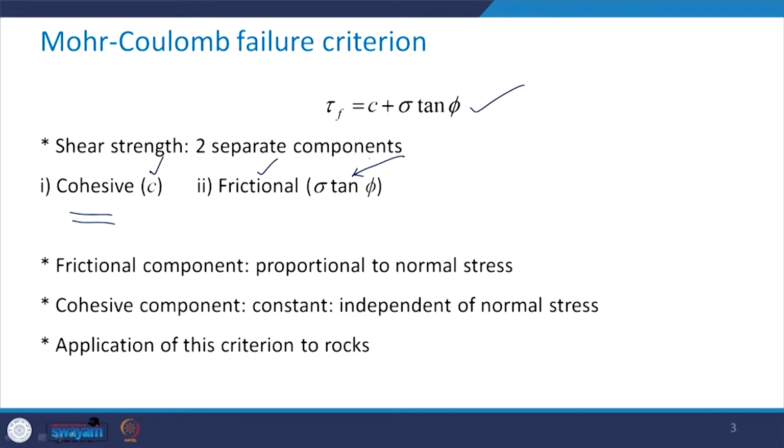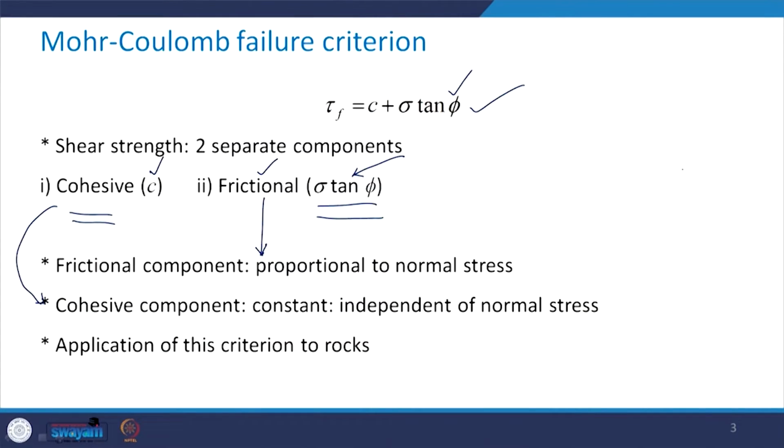Take a look at this frictional component, sigma tan phi; we can say it is proportional to the normal stress. However, the cohesive component is constant and independent of the normal stress.